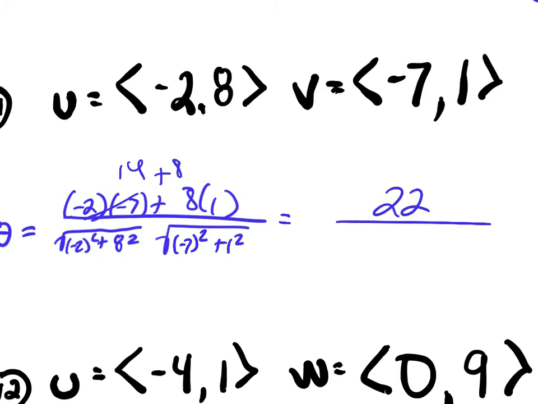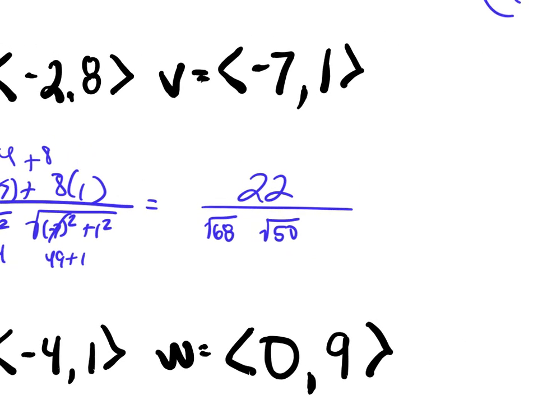Good. So here I have 4, and 64 is what? Root 68. And then I have 49 and 1, which is root 50. You can put that in your calculator just like that. Could be a little tricky. If you want to multiply 68 and 50 and get 3,400, you can do this.